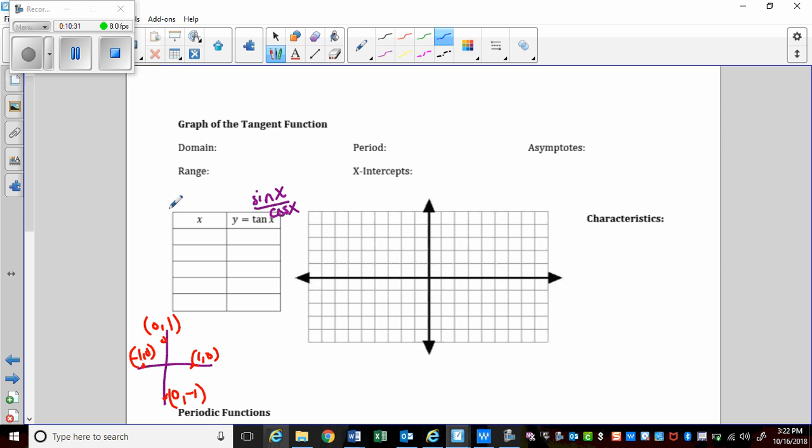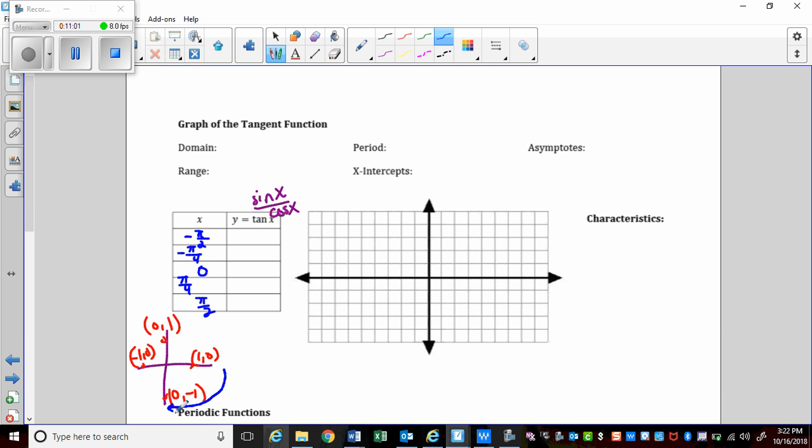What I'm going to do is just look at the numbers in between my asymptotes. So let's look at negative pi over 2. Let's look at negative pi over 4. Kind of I get an idea of what tangent looks like. 0. Let's just be symmetric. So we'll do pi over 4 and pi over 2. So at negative pi over 2, that means we're going to go clockwise instead of counterclockwise.